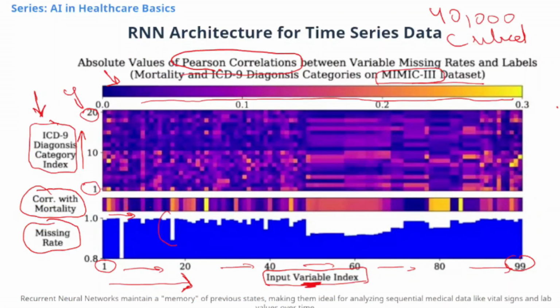Now you can see here, for this variable, half of the information is not available, and lots of variables don't have complete information. So RNNs must handle this missing information, and they are able to cope with this missing data and still get you the results that you want.